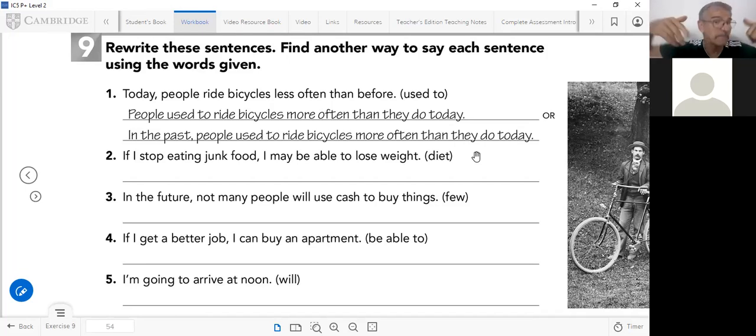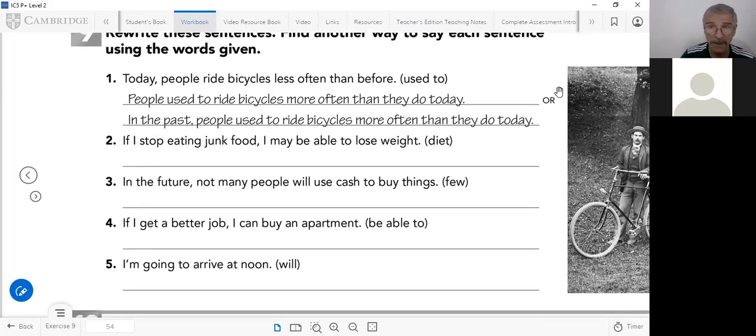Time will tell. Probably we will continue using more bikes than our cars, more bikes than driving cars, or than riding on a bus, or on a train, on the subway, you know?